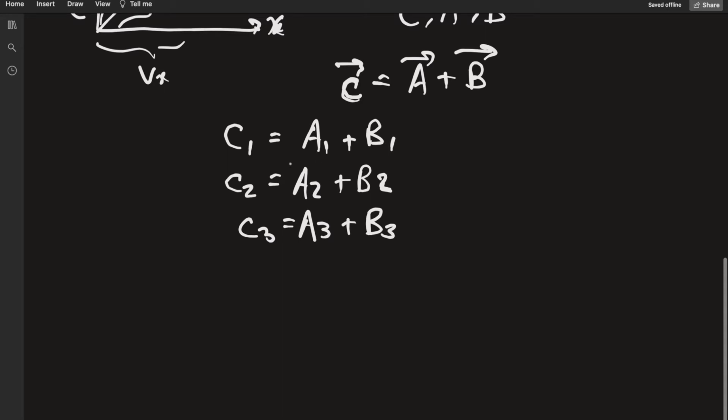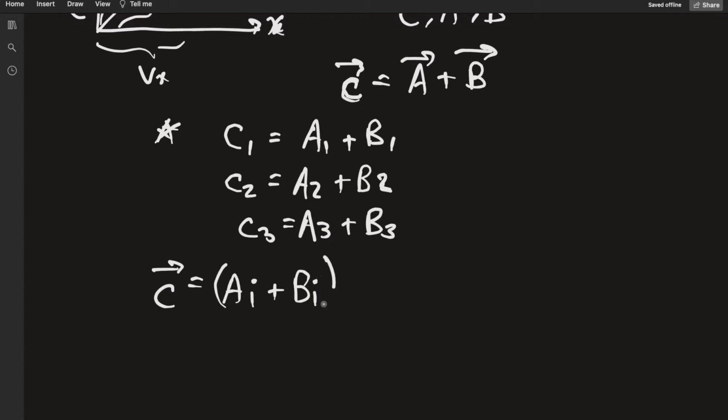And then okay, so we have this rule for adding vectors. So let's just write it. Let's just convert it into subscript summation. So I have A_i plus B_i, the whole thing, times e_i hat.